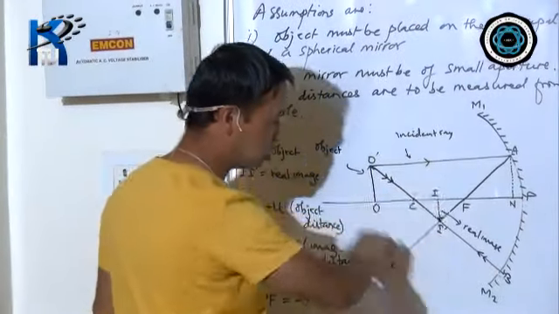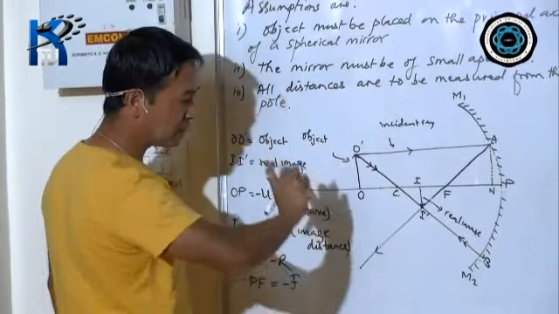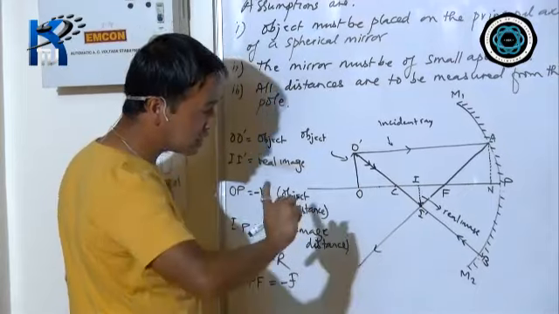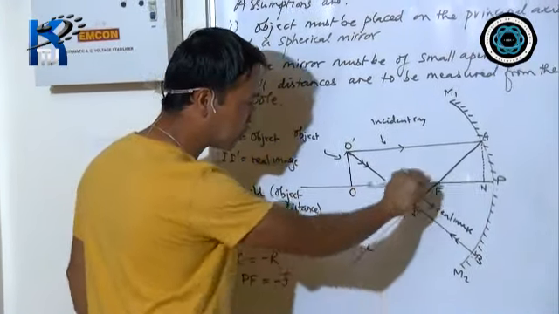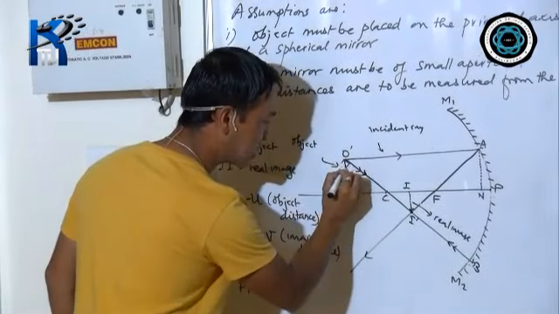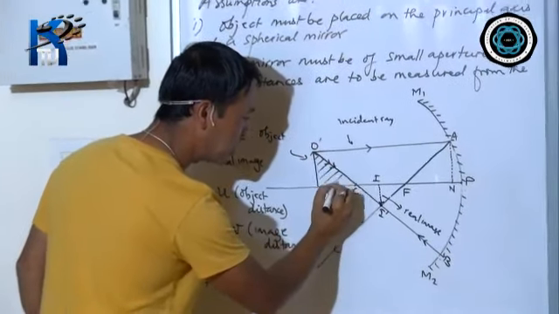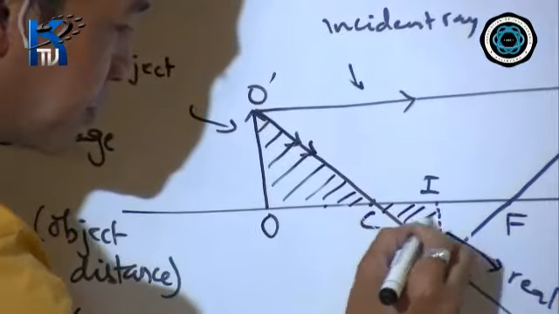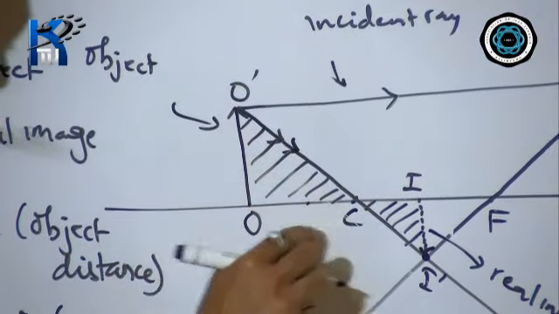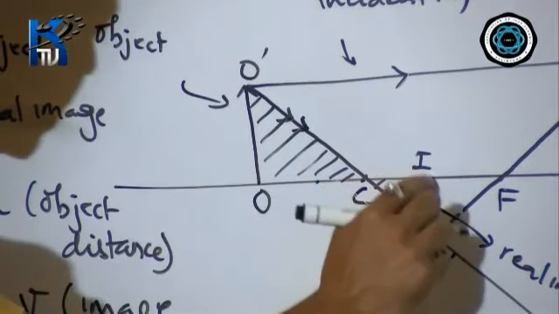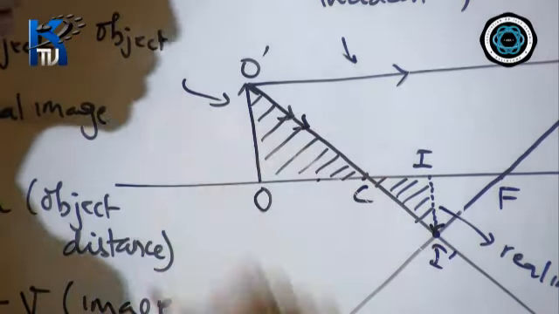So look at this figure. We have triangles. They are similar. Among the 4 triangles formed, the 2 triangles which are similar, let me put them with the shaded region. You can see in the diagram, this is a right angle triangle. This is also a right angle triangle. These 2 triangles are similar.